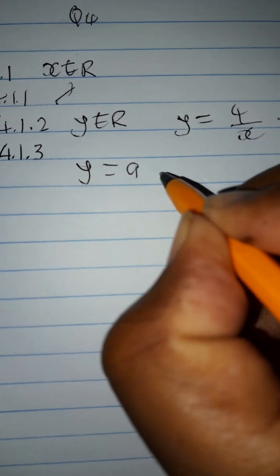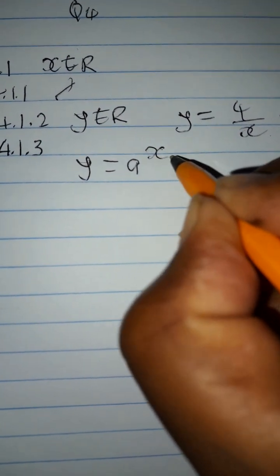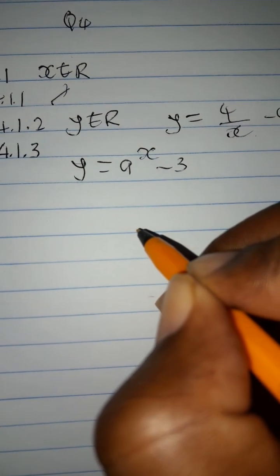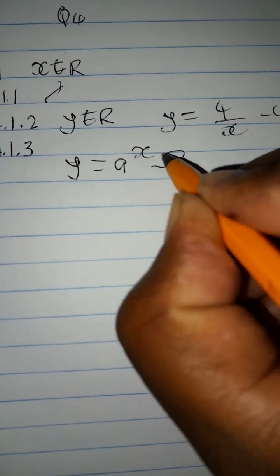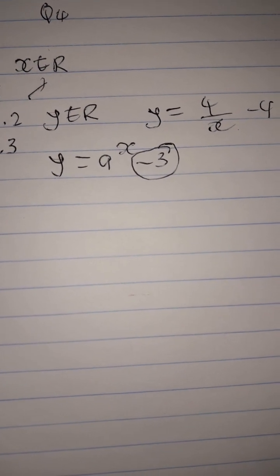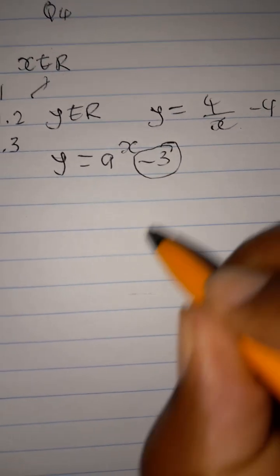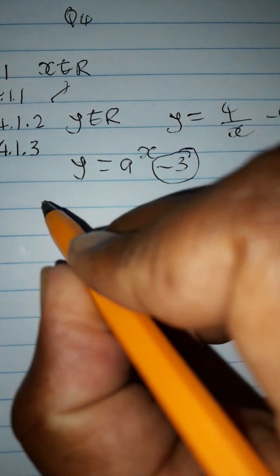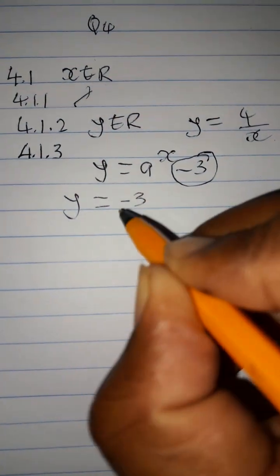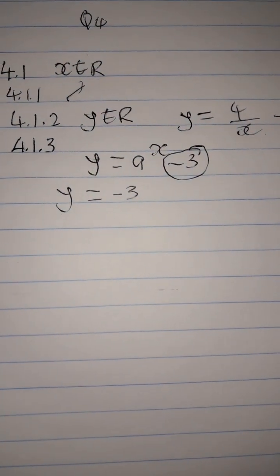So f of x equals a to the power of x minus 3. They are looking for the equation of the asymptote. Remember, an exponential equation has a horizontal asymptote. That will be our q here, which is negative 3. So we are going to say y equals negative 3. That's how we are going to get that beautiful mark.